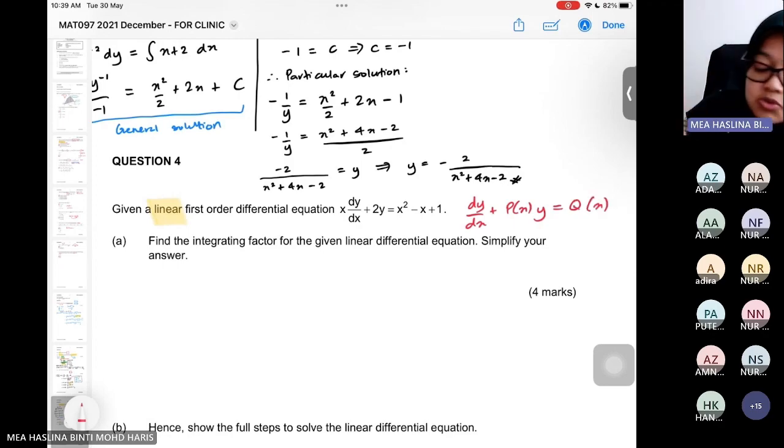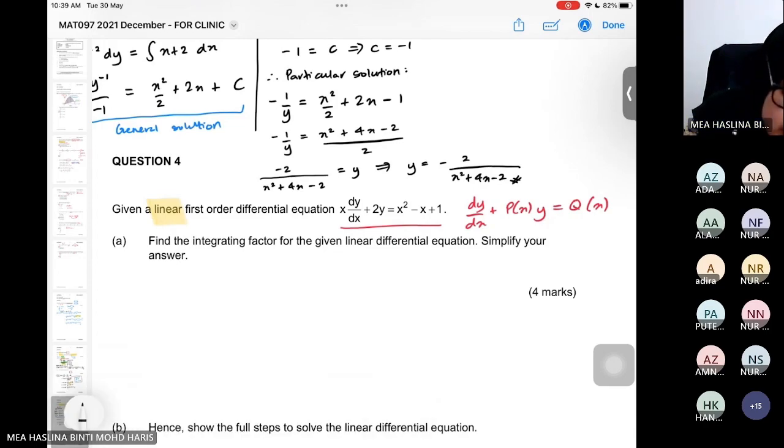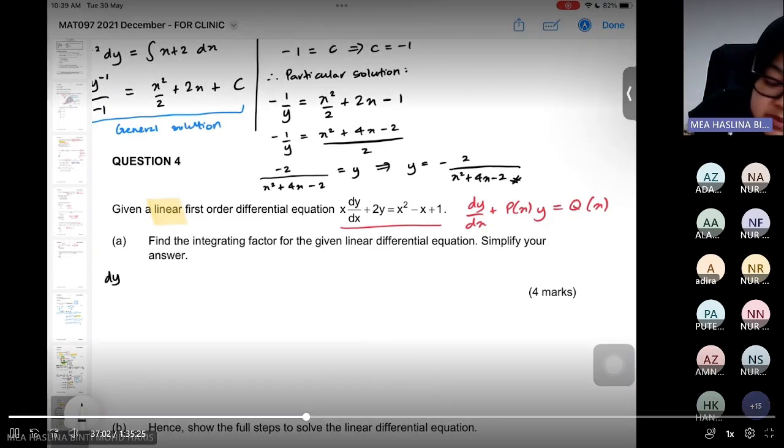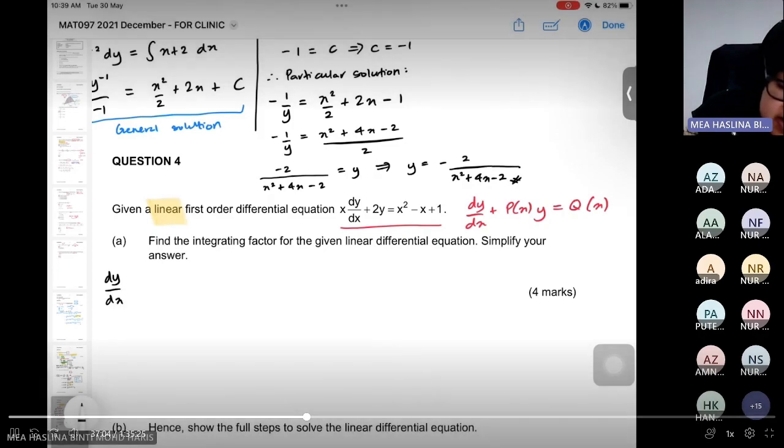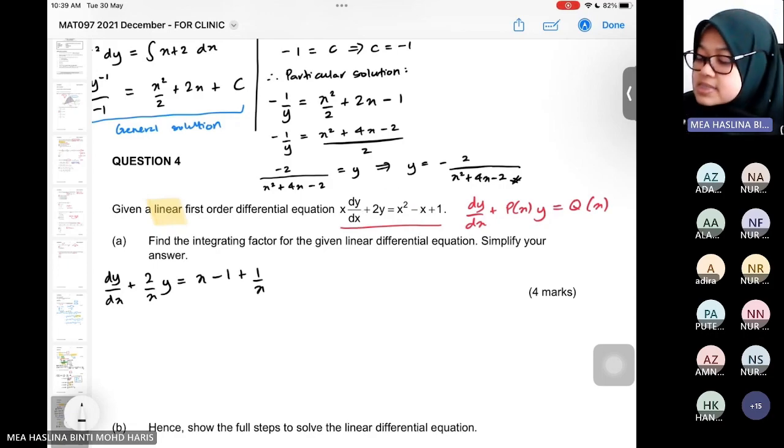So when you look at the given question, obviously it is not in standard form. So you have to rewrite it to be in the standard form. You have to divide both sides by x. So dy/dx plus 2 over x times y equals x minus 1 plus 1 over x.